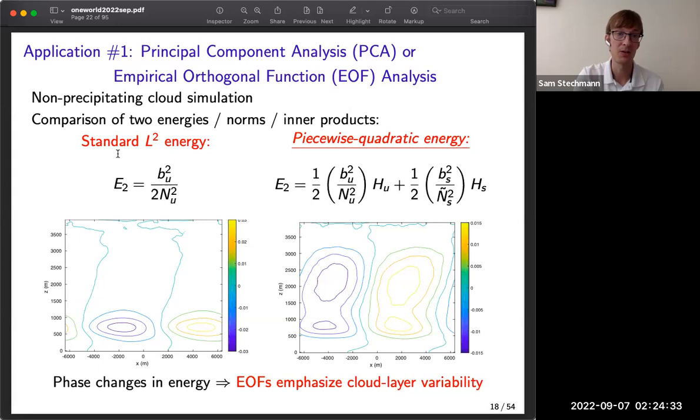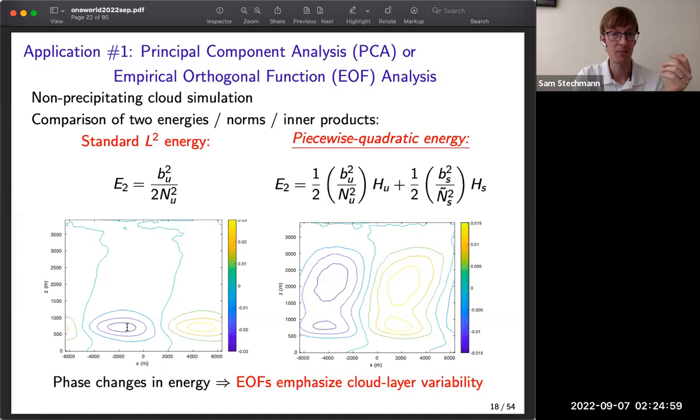One is, what if I just used a standard L2 energy for the principal component analysis, taking one of these buoyancy variables, like theta or theta_L, as the quantity, versus what if I use a piecewise defined energy where I give a different coefficient depending on which phase I'm in. When you do that, your leading EOFs in these two cases are very different.